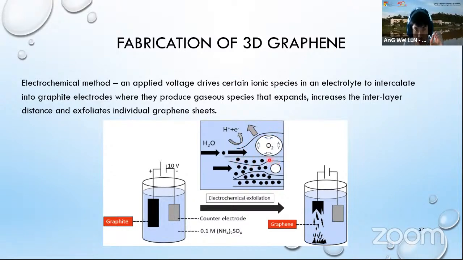This line is actually the graphene layer. So when you have a gas bubble in the graphite layer, you force the graphite layer to separate out into graphene. The graphene produced here will be 3D graphene, which you can gather and make into the hydrogel or aerogel that you want.